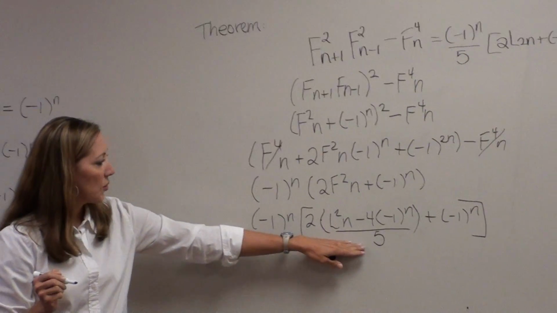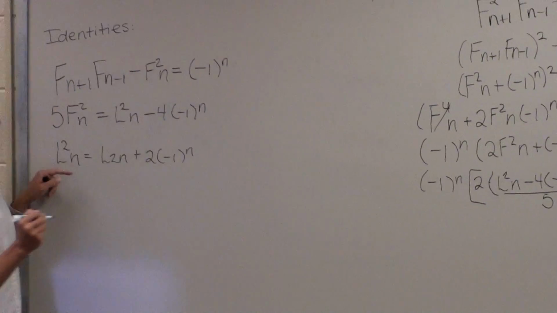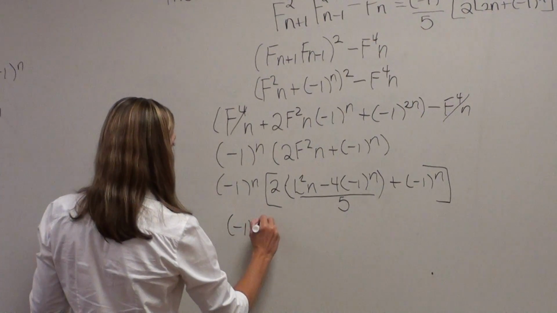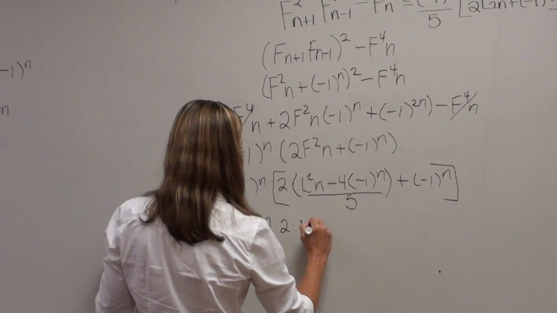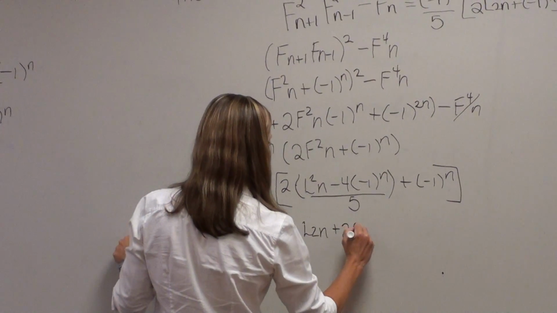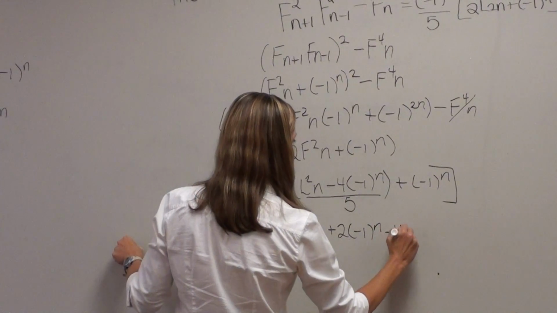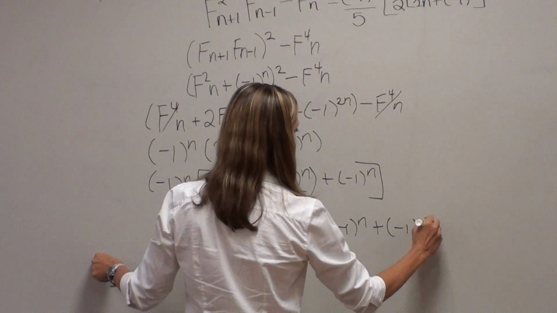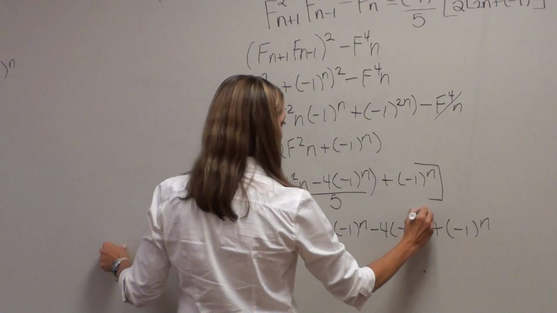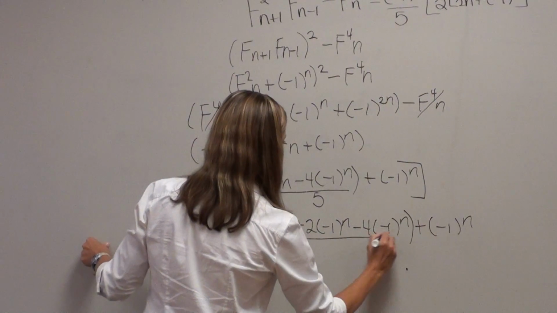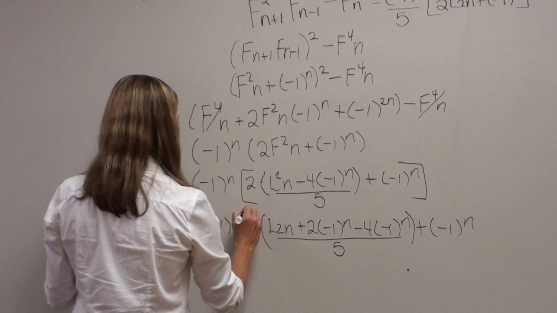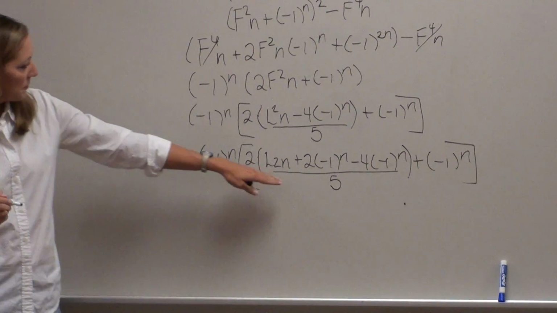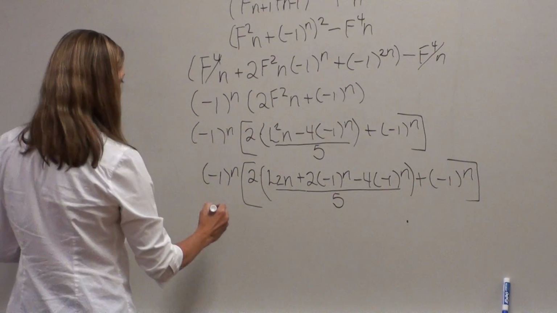I have an Ln squared this time. I can bring in my third identity here. At this point, I can combine terms, the +2 and the -4.